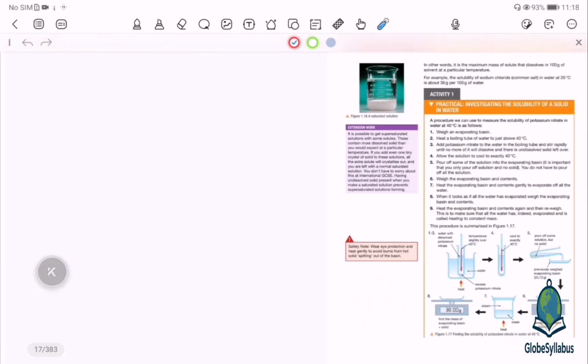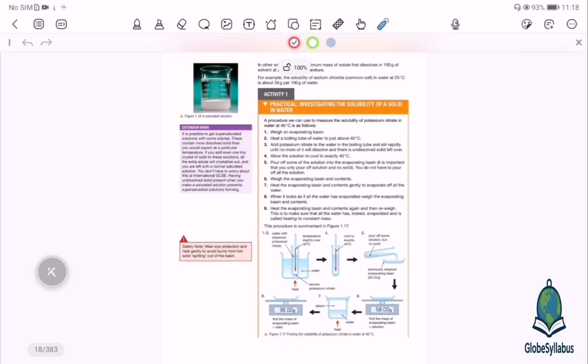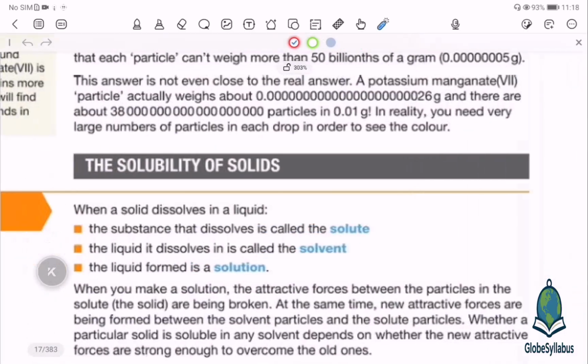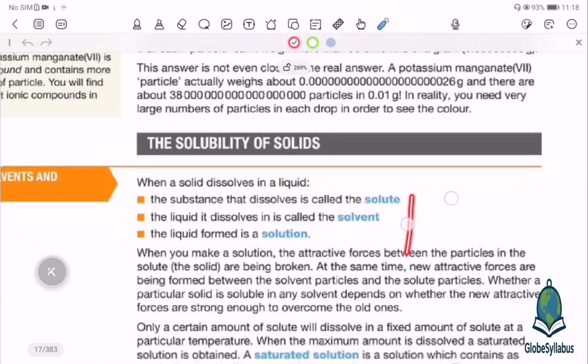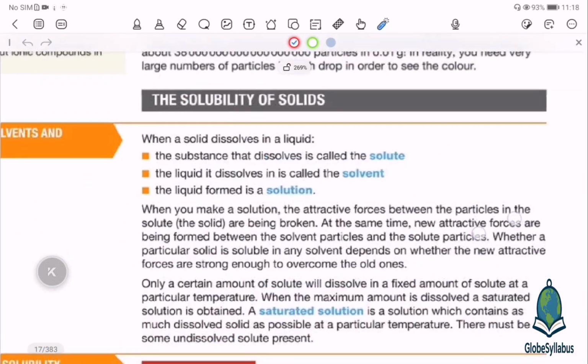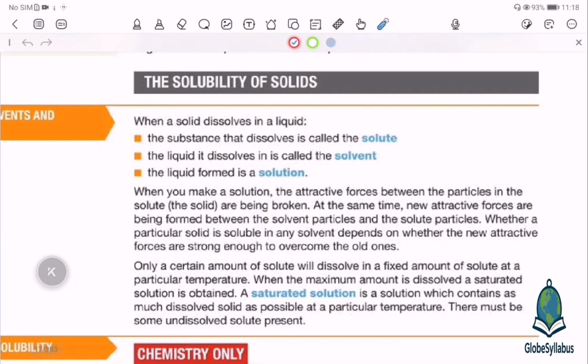And solubility here. Solubility of solids. When a solid dissolves in a liquid, the substance dissolved is called the solute. The liquid it dissolves in is called the solvent. The liquid formed is called the solution. This is memorization, the solubility of solids.